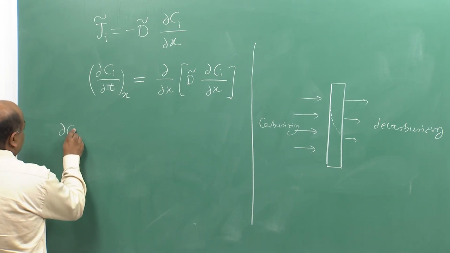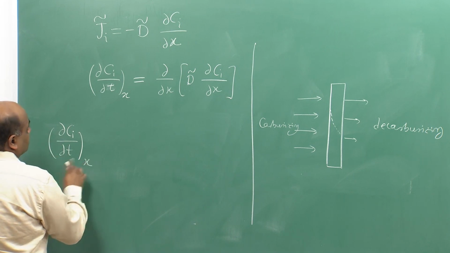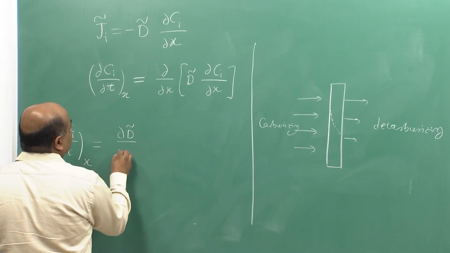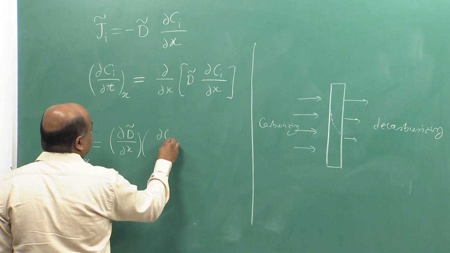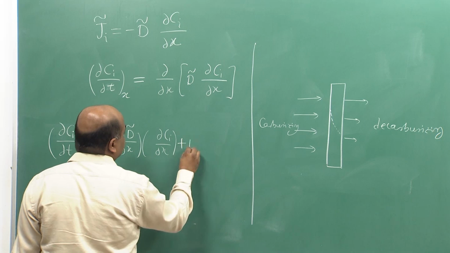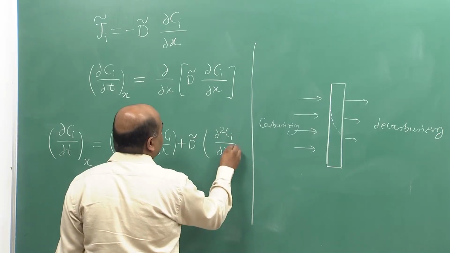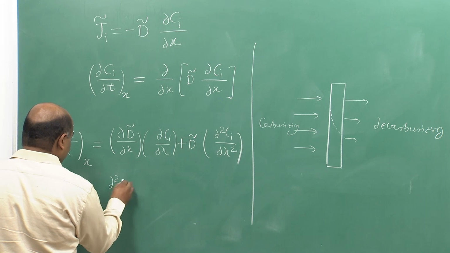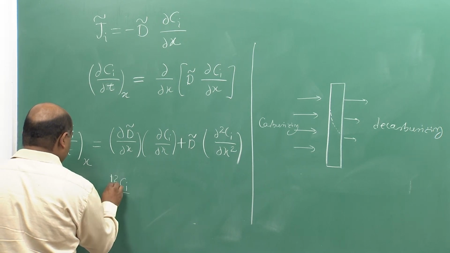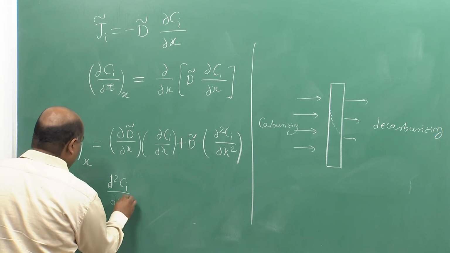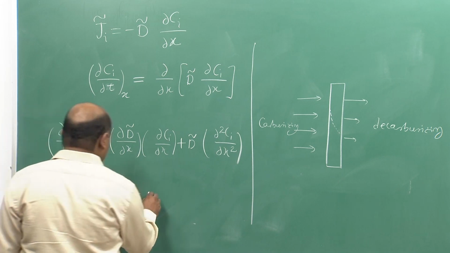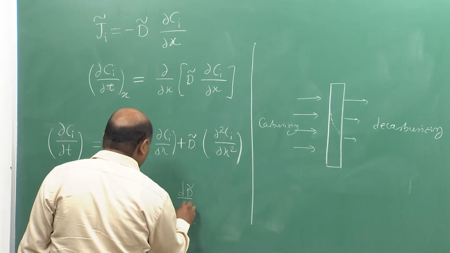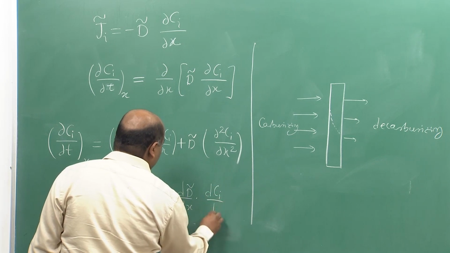So, we can write dou Ci by dou t at x is equal to dou d tilde by dou x times dou Ci by dou x plus d tilde times dou 2 Ci by dou x2, and when the steady state develops, we can replace dou with d: d2 Ci by dx2 is equal to minus 1 by d tilde, d tilde by dx times dCi by dx.